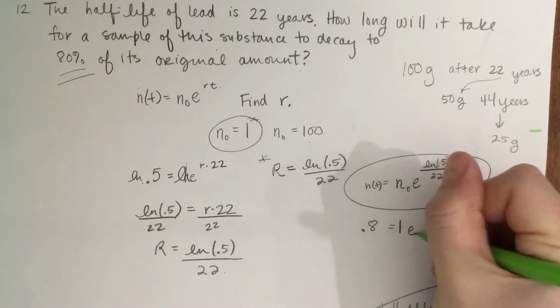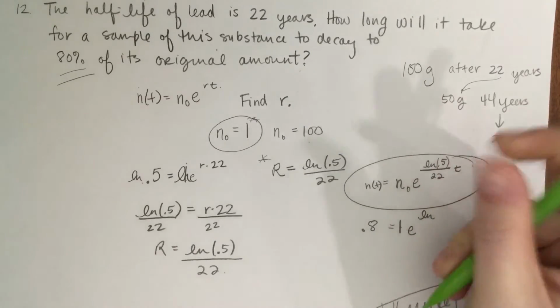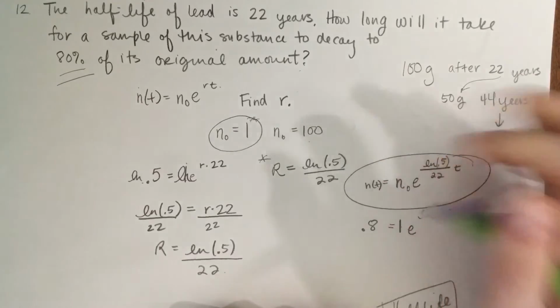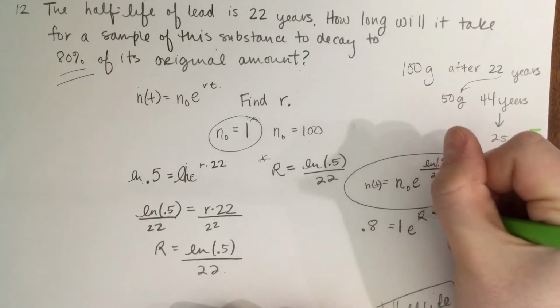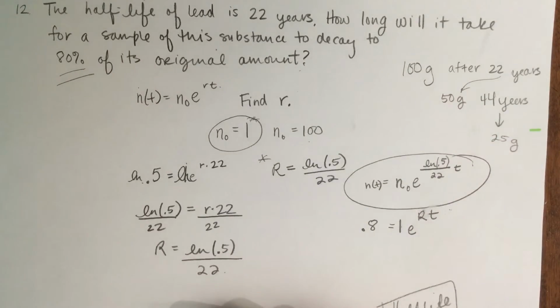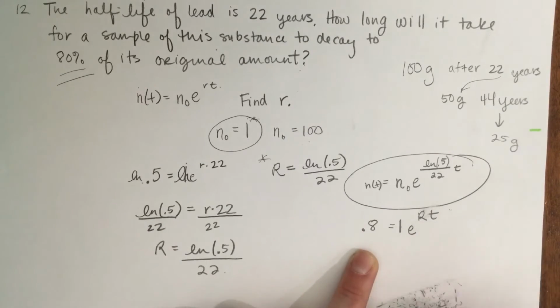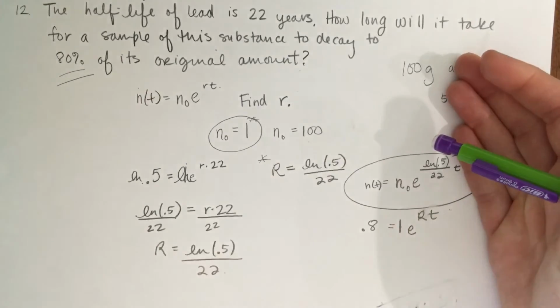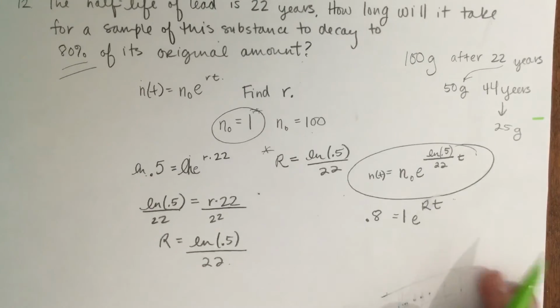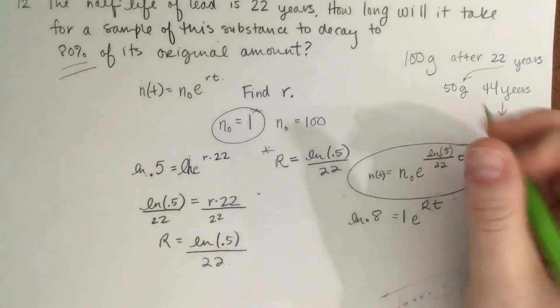So my function in the equation that I'm solving for now, I'm just going to use r, is this. So what I now need to do is go ahead and solve for t again. Now, when I go to do this, I'm going to natural log both sides.